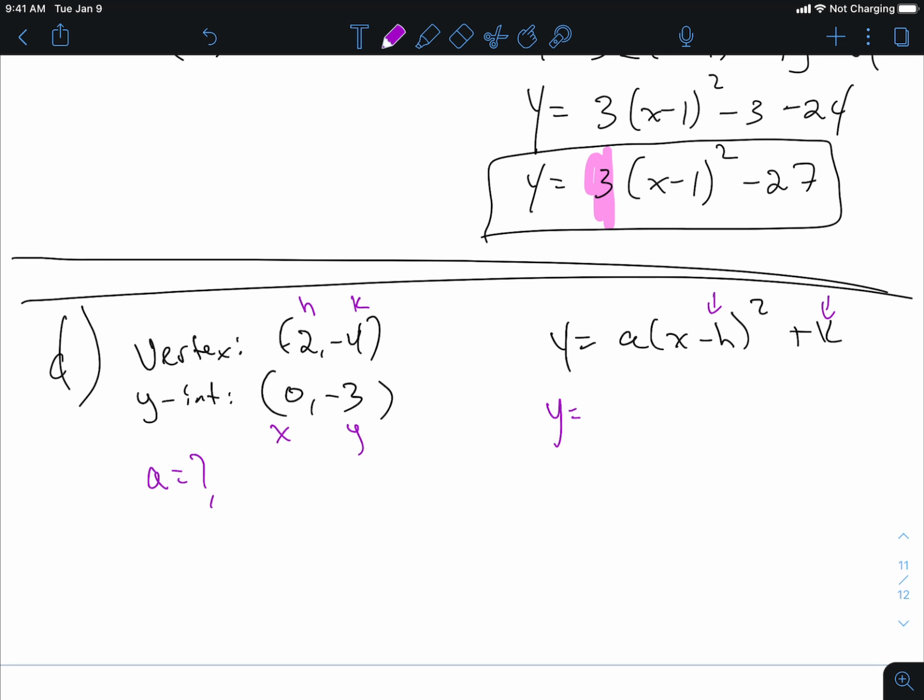y equals a. I'm going to fill in the information right off the top. -3, 0 minus -2 squared minus 4.